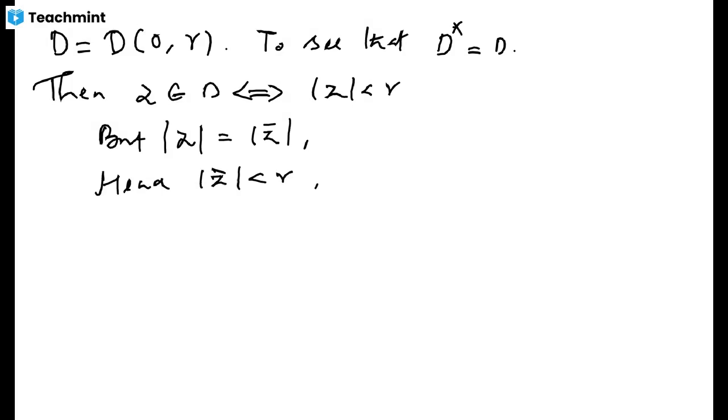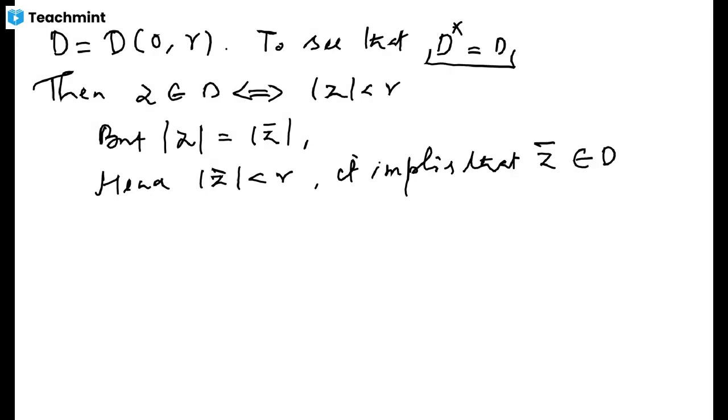So it implies that Z conjugate is also in D. With this, it follows that D star is equal to D.